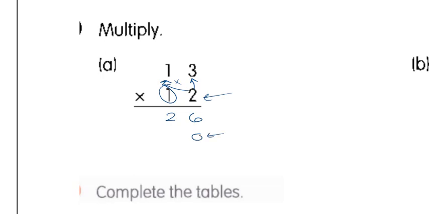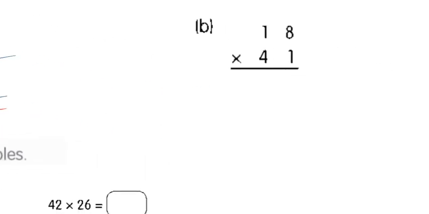Put 0 here because this is not 1, it's 10. Then let's multiply by 1. 1 times 3 gives me 3. 1 times 1 gives me 1, then add them all. 6 plus 0 is 6, 2 plus 3 is 5, and 1. So you have 156, 12 times 13.